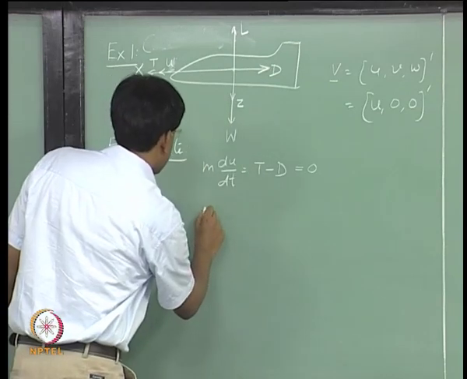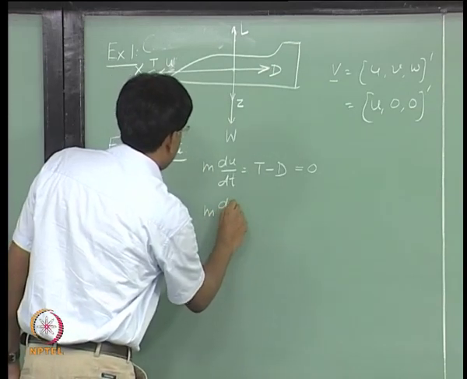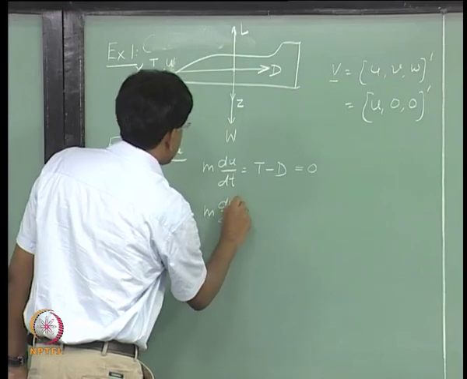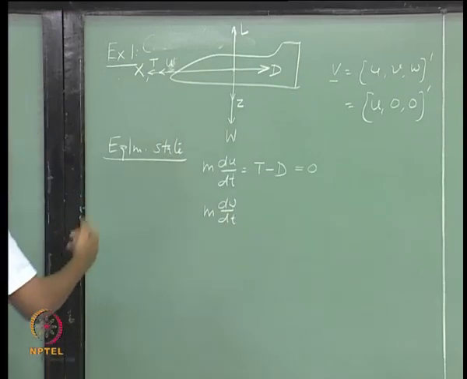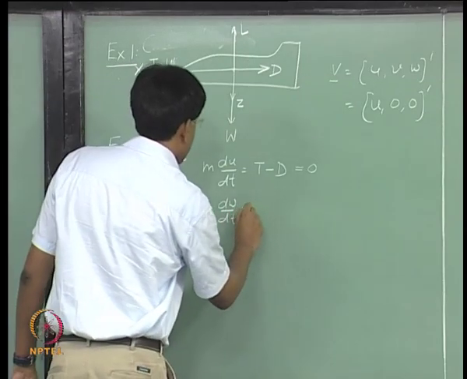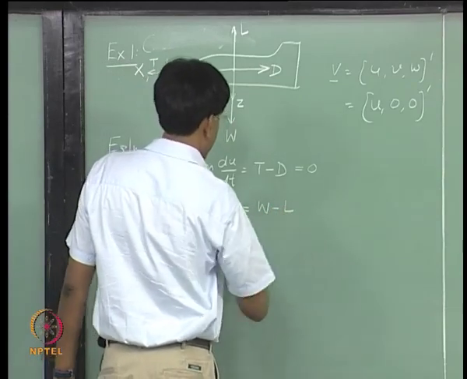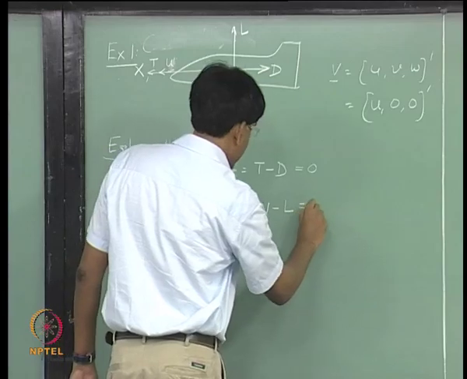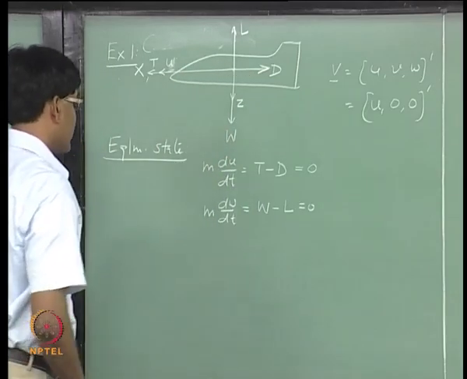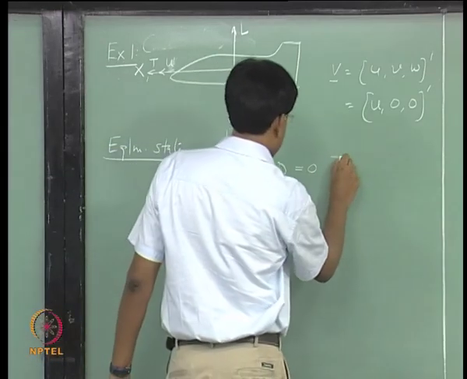In the z direction, similarly, w is the velocity of the aircraft in the z direction, and that gives you this, and this also has to be set to 0 to get the equilibrium condition.